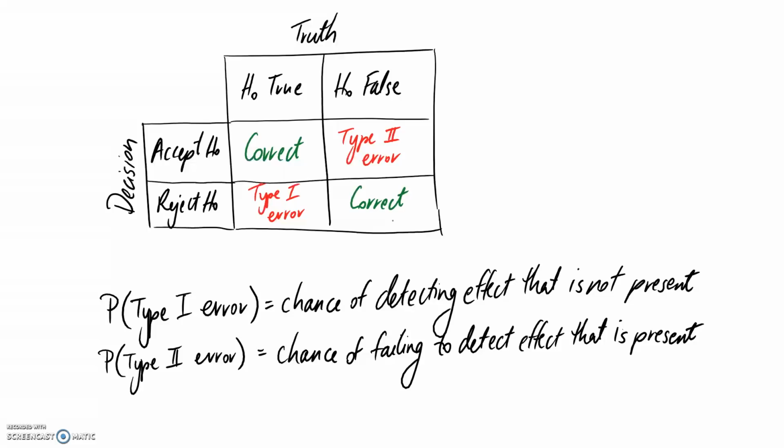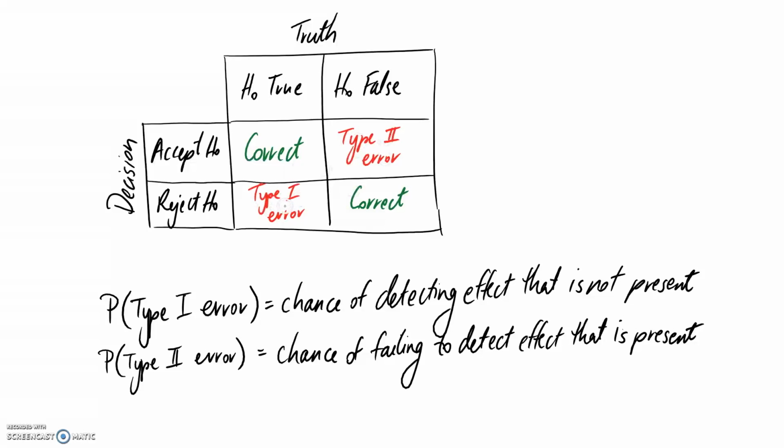The other two are when we have an error happening. If we accept H0, so we think it's true, but actually it's a false hypothesis, then we end up with a type 2 error. Again, we have an opposite. If we decide to reject H0, but it's actually true, we end up with a type 1 error.